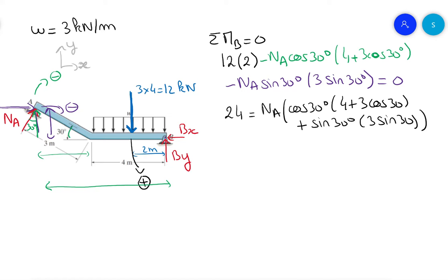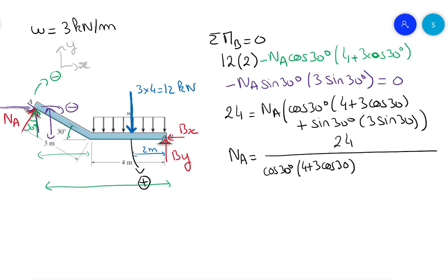There. So we can find NA. That is equal to 24 over cosine 30 times 4 plus 3 cosine 30 plus the 3 sine 30 squared.